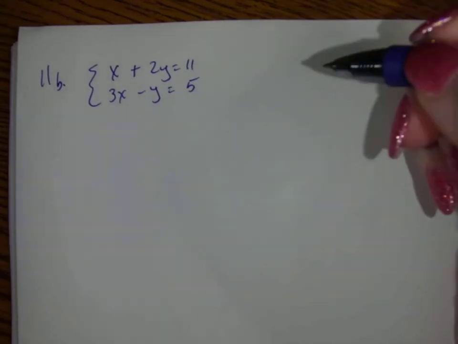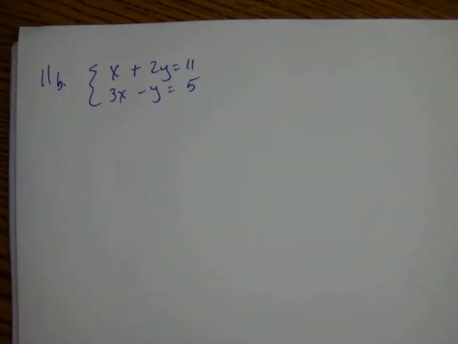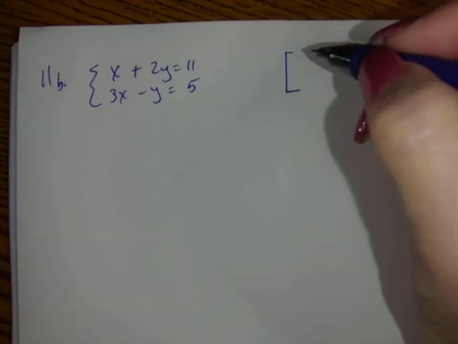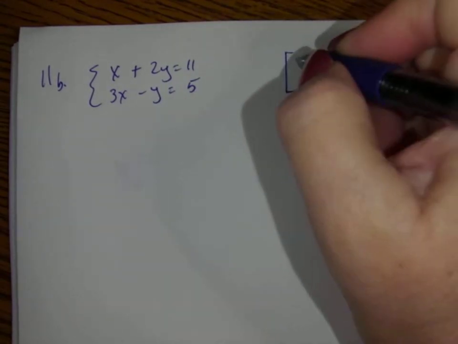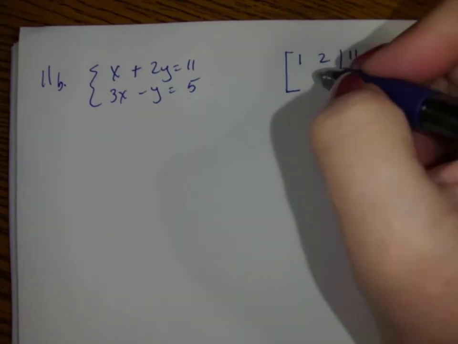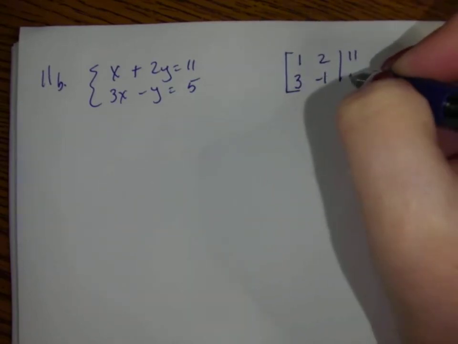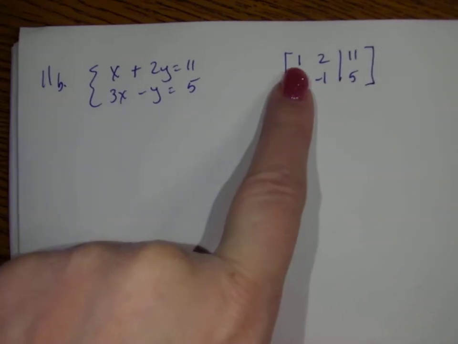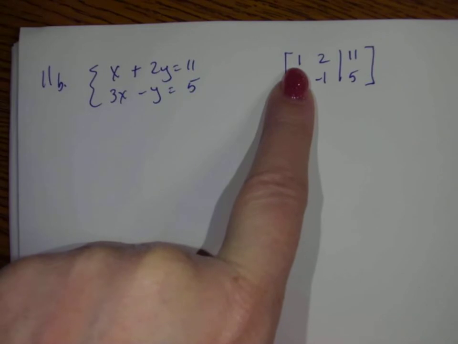So the matrix is using all of the coefficients and then the constant. So we've got 1, 2, 11, and 3, negative 1, 5. So if you recall, our first goal is to get a 1 up here. We already have a 1, so yay.